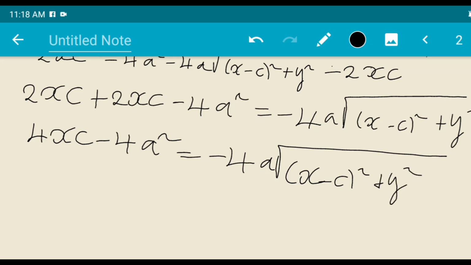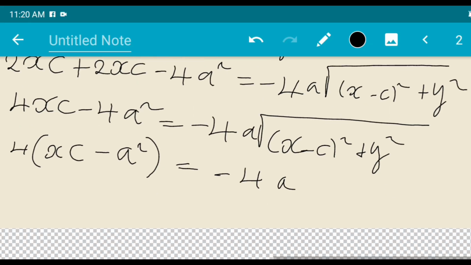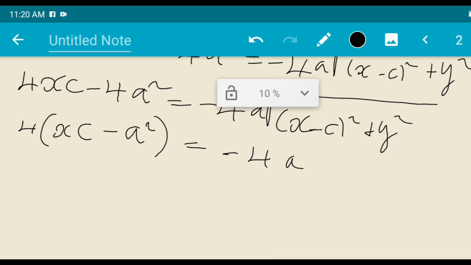Now what we can do here is factor out the 4 on this side, so that it should cancel out with this. So this will be 4, then this will be xc minus a squared, we close, should be equal to negative 4a.